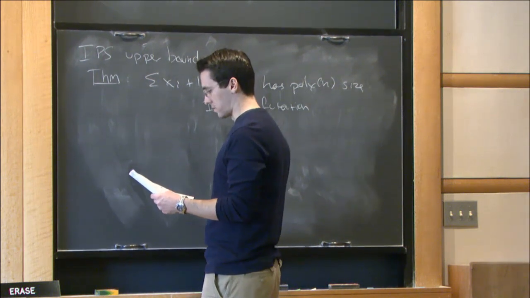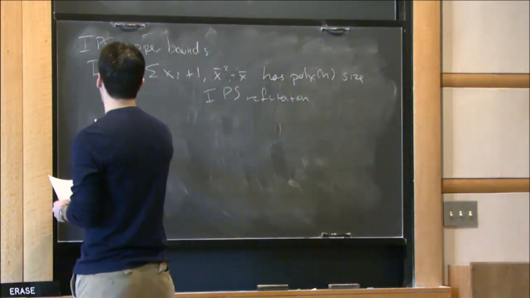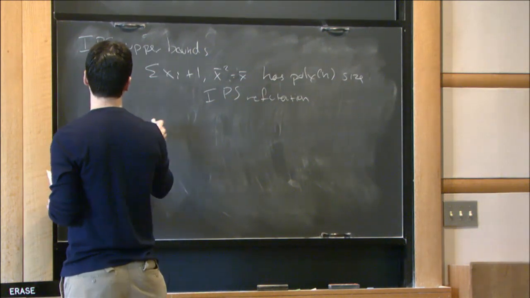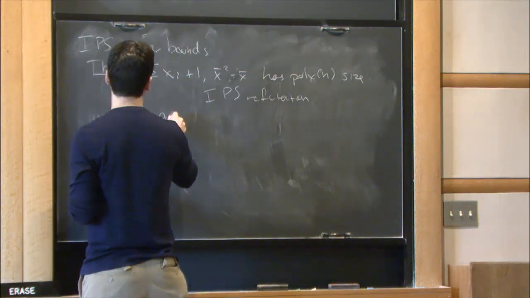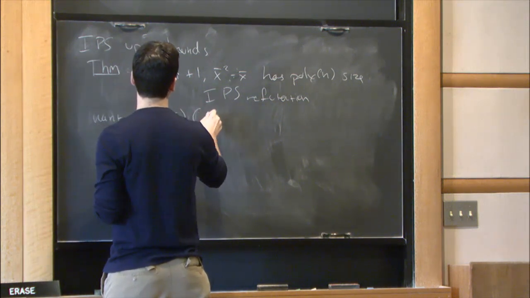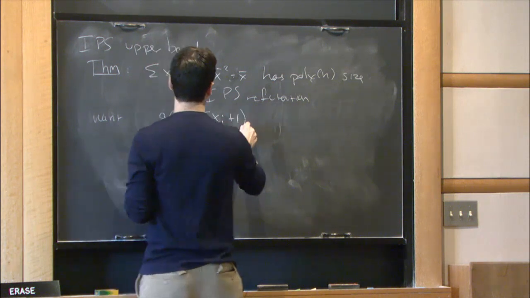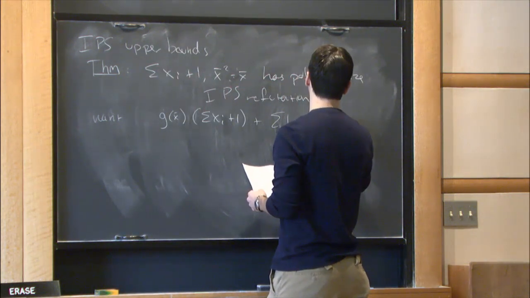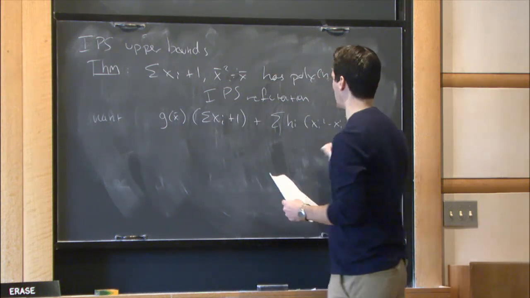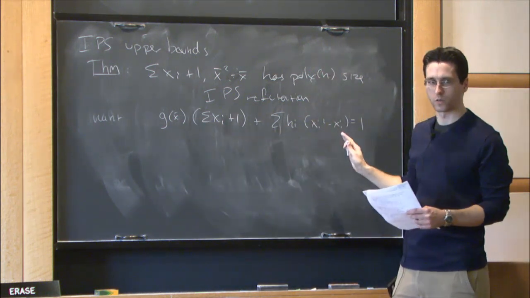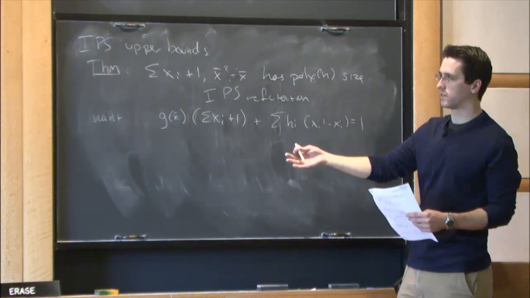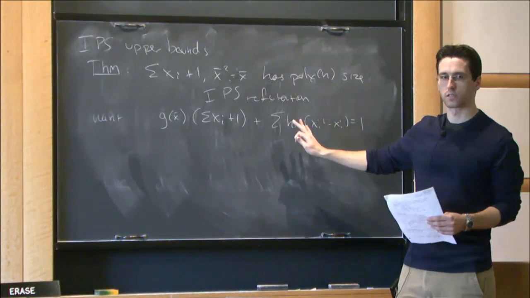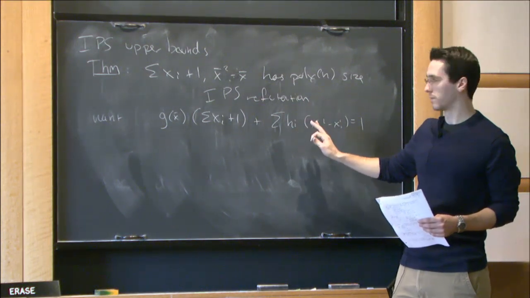Okay, so let's remind you what we want. We want a g of x such that we have the following. We want g and h such that this equation holds. And as the recurring theme here, it's really annoying to consider the h's. So I'm just going to forget about them.